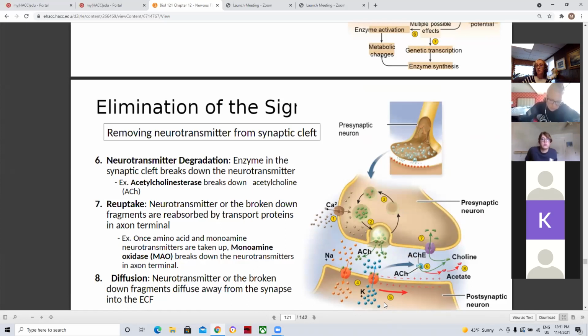But we also want to be able to do other things later. So we need to get rid of the neurotransmitter. We get rid of it by having it degrade. We have enzymes that specifically degrade neurotransmitters like acetylcholinesterase, which breaks down acetylcholine.